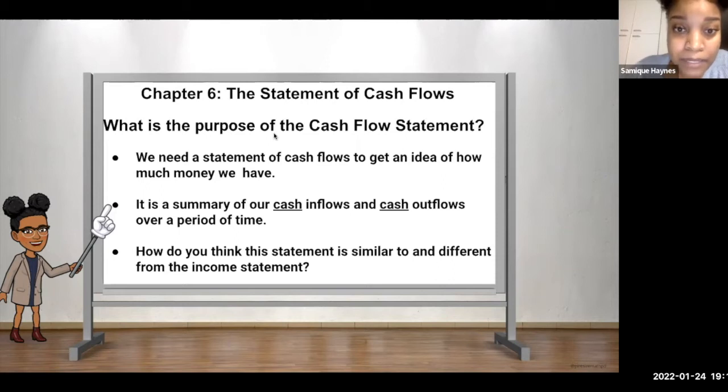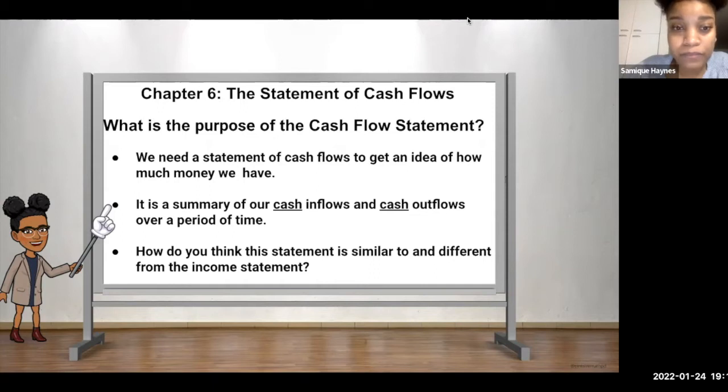Somebody rightfully said cash movement. Does everybody understand that distinction? How it's easy to confuse revenues and expenses with cash flow? Did everyone see that mistake?